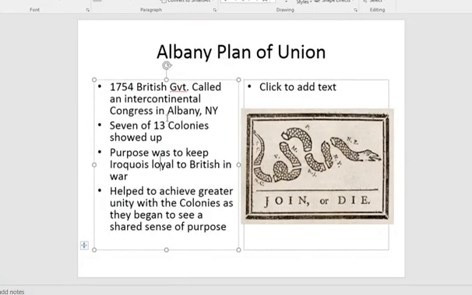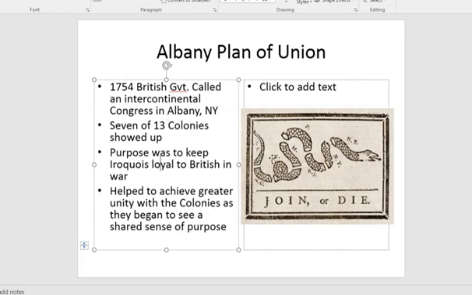Also, there was the sense that there are 13 British colonies by this time, and those colonies need to create some kind of unity. Because if the colonies start doing their own thing and are not coordinated against the military of the French allied with the Native Americans, it's really going to be a problem.